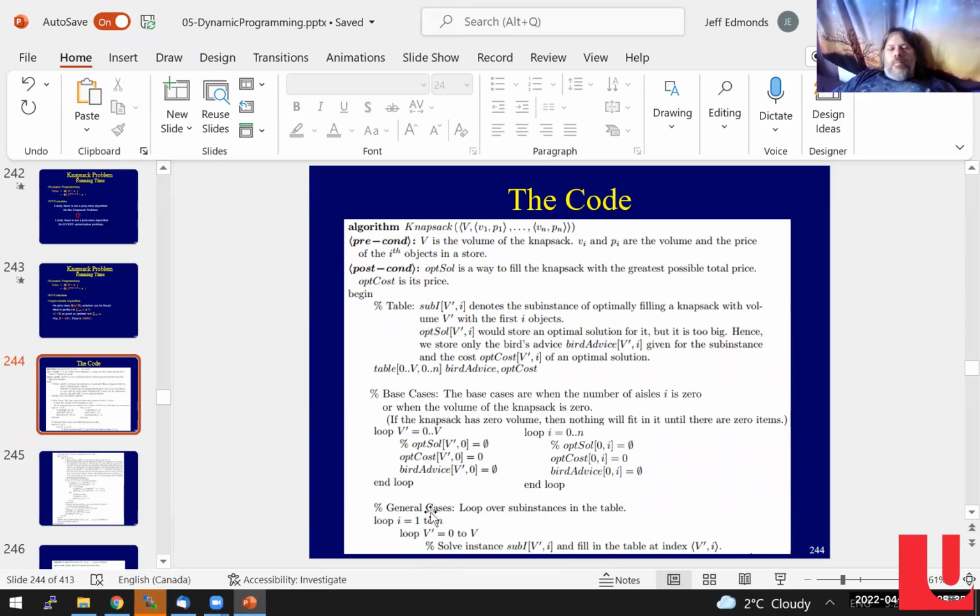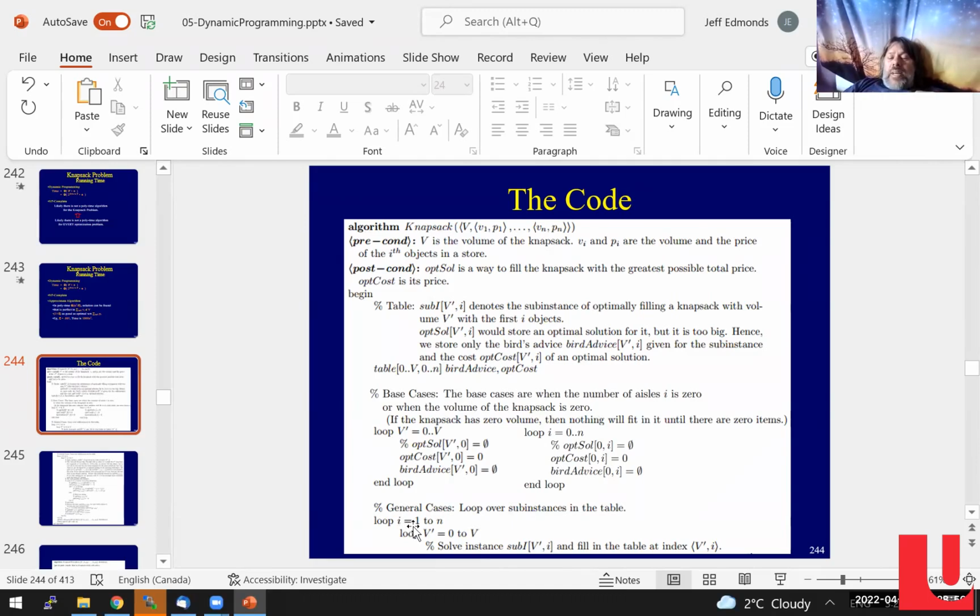So what are we doing here? Well, the first big loop is to loop over all the subinstances that we need to solve. I have two loops because it was a table of states, a table of subinstances.